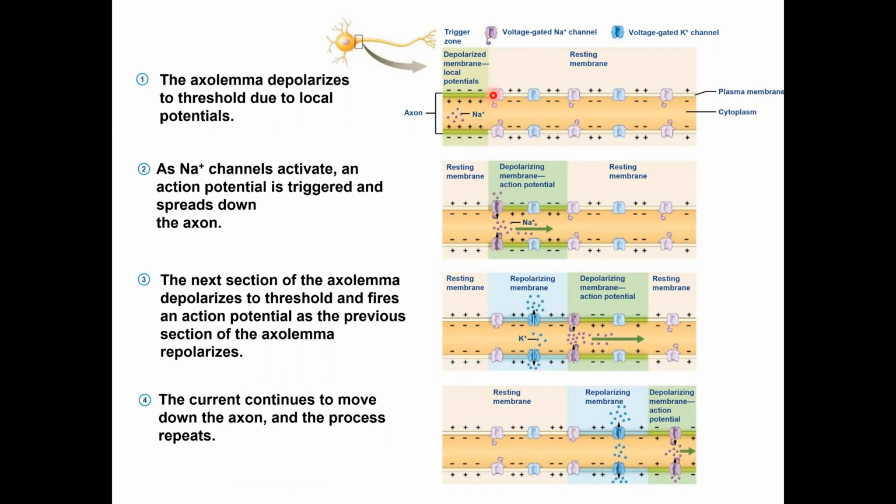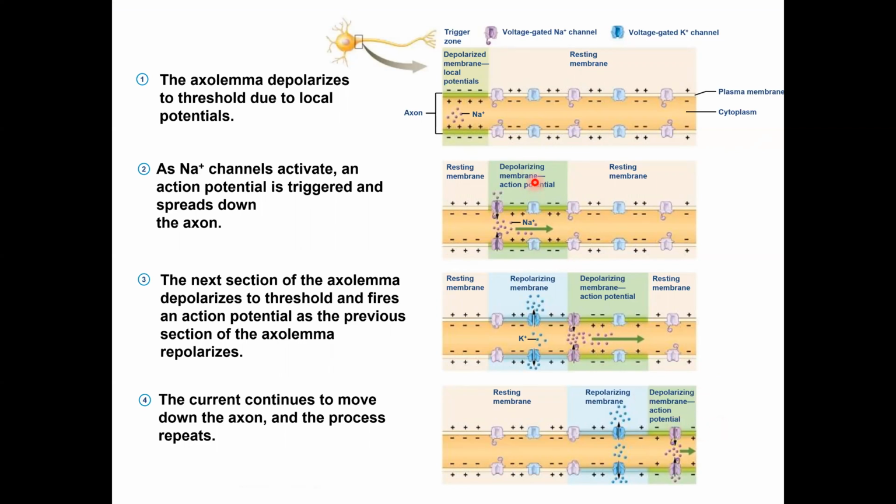And then it opens the next one. So this is the sodium VGC. You see, it's open here, then open here, then open here, and this is our action potential moving toward your central nervous system. It can move away from your central nervous system as well. So here we have movement of the electrical signal.